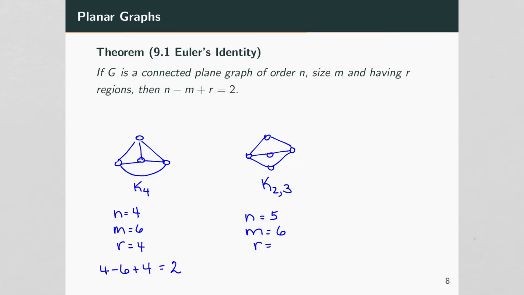Another simple example would be K2,3, which has 5 vertices, 6 edges, and 1, 2, 3 regions. And again, 5 minus 6 plus 3 does equal 2, so that is verified.